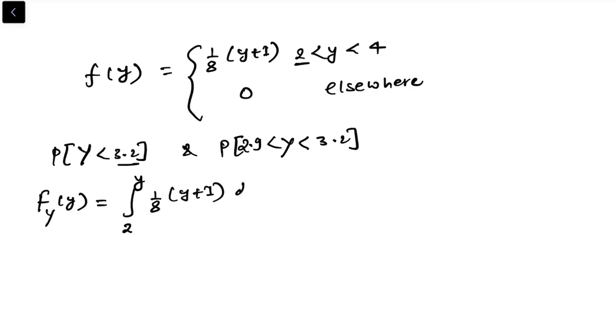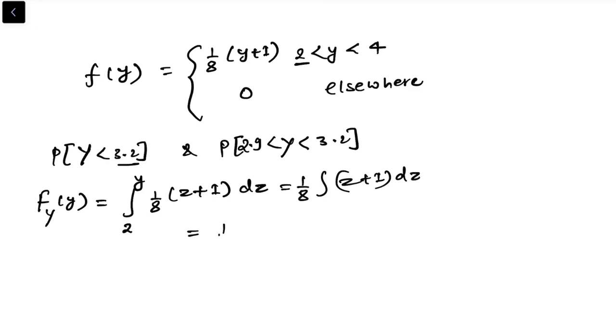One more thing, we already have y in the limit, so let's write some other dummy variable inside. Suppose this is z. Now let's integrate. We can bring the constant outside of the integration, and then we remain with z plus 1 dz.